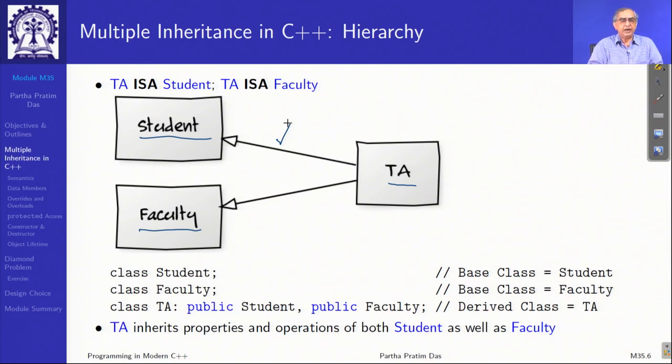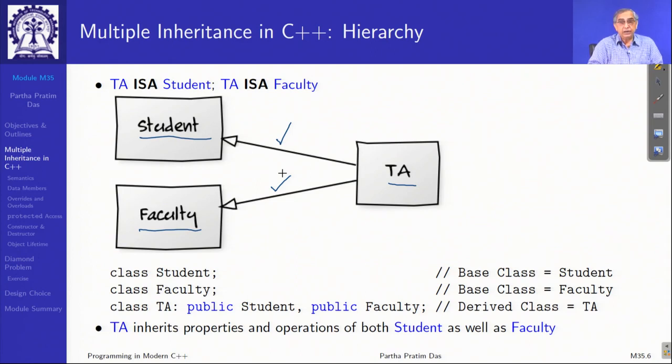The teaching assistant has a roll number, a year of enrollment, a course of study and so on. At the same time, the teaching assistant is evaluating the different assignments in the courses, taking part in the class tests, maybe setting some of the question papers for students and so on. So, the teaching assistant is also playing certain roles that the faculty would normally play.